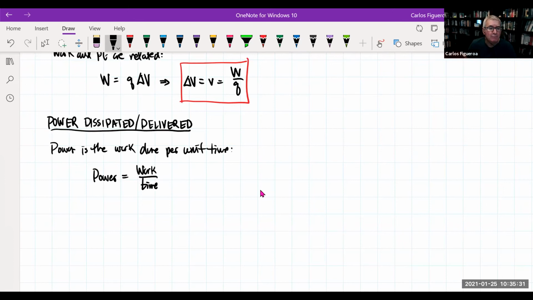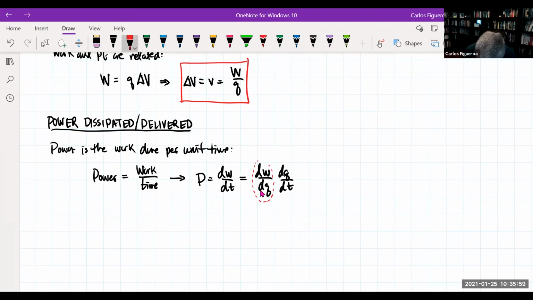But now let's put it into differential form. If we put it into differential form, it's really the work per unit time here. But wait a minute, I can use the chain rule here. And if I use the chain rule, I can write the work as a function of charge in this way. If you look at this guy right here, that is the voltage.